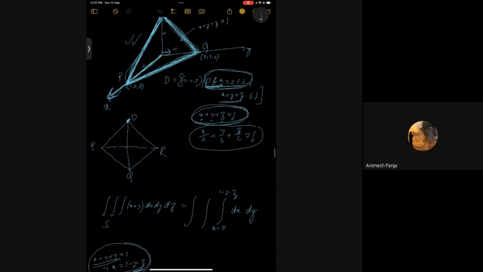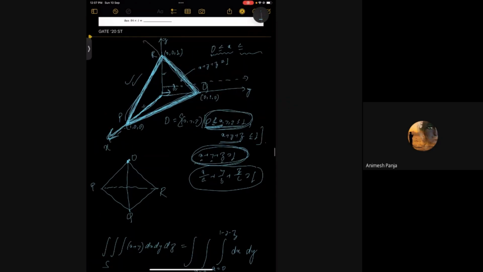So the lower limit of y will again be 0. But y can't go on forever, because the tetrahedron has some upper limit. There is some bound on the value of y, restricted by this particular line of the tetrahedron.